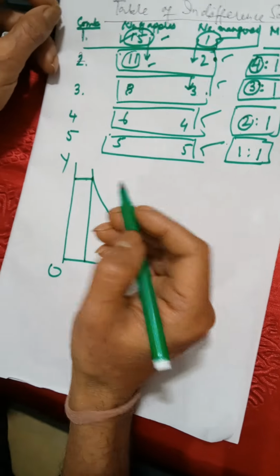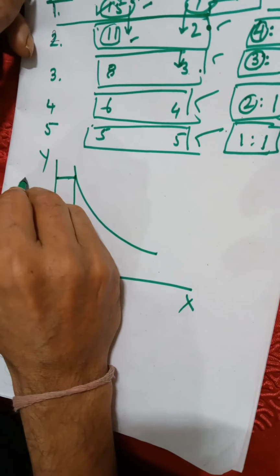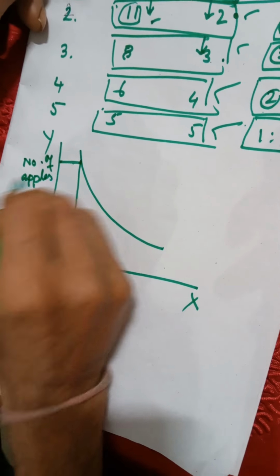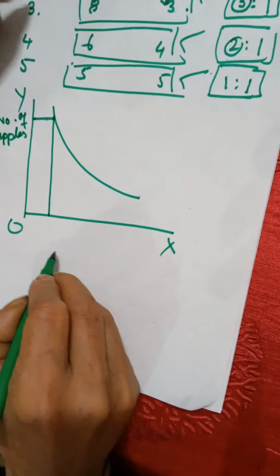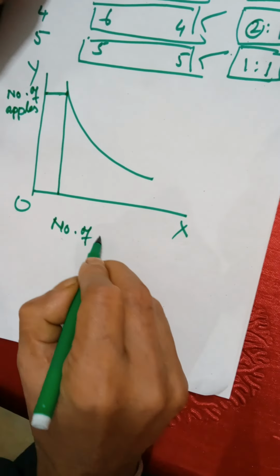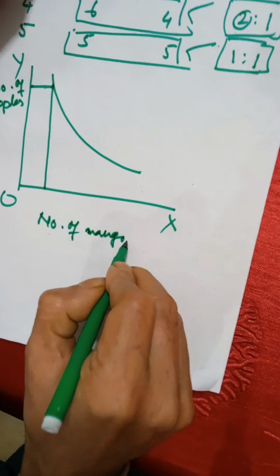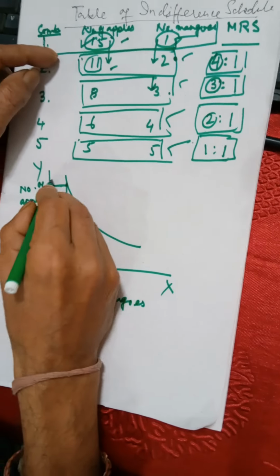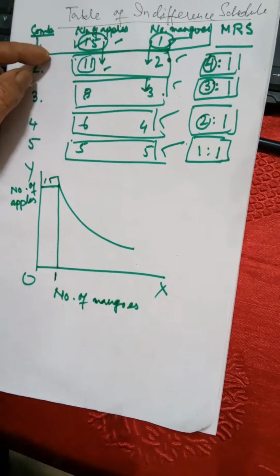On the y-axis, we are measuring the number of apples, and on the x-axis we are measuring the number of mangoes. The first combination is 15:1, so this is 15 and this is 1.